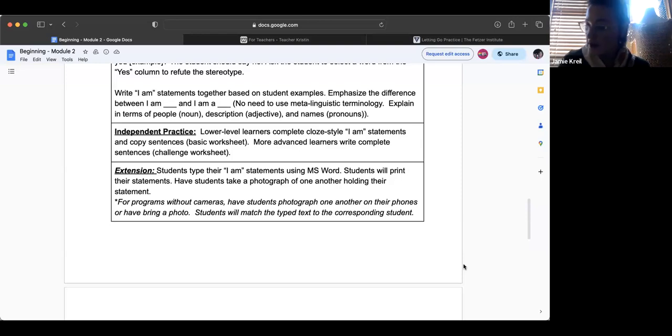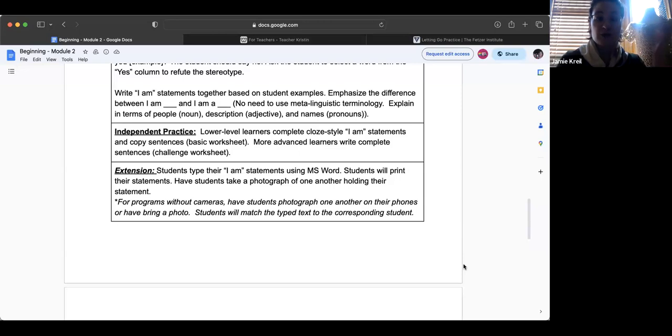And then another way, so this builds in the self-awareness component of identifying maybe stereotypes that they may hold about others, and the social awareness of stereotypes that others have about their communities. And then writing the I am statements is sort of the self-advocacy component.